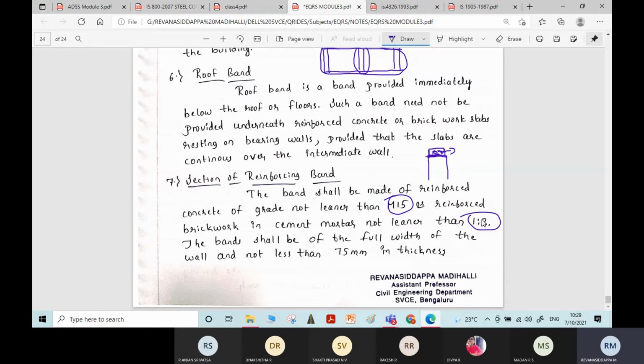Whatever bands we are providing should be to the full width of the wall, and should have minimum 75 mm thickness. Whatever reinforcing band we are providing, it should have minimum 75 mm thickness.